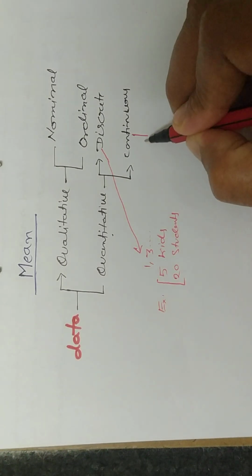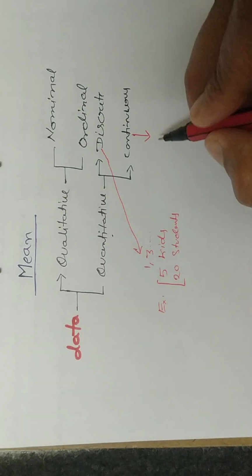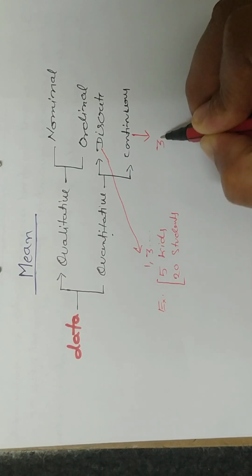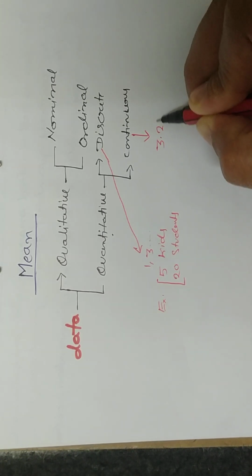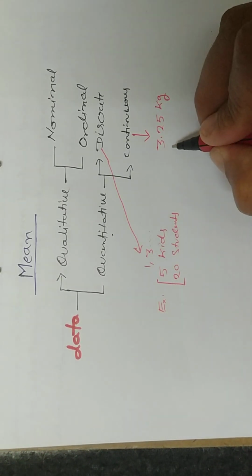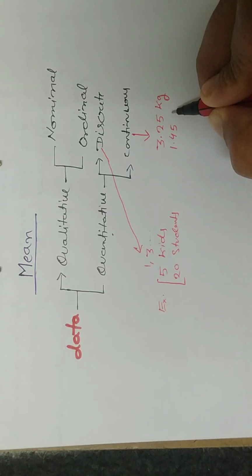But in case of continuous data, this is the data which we have in continuous form. Continuous means, suppose that the data is 3.25 kg sugar, 1.45 billion Indian population.